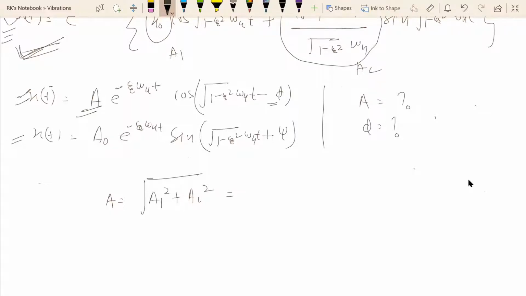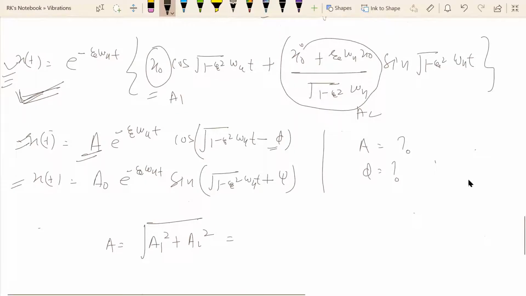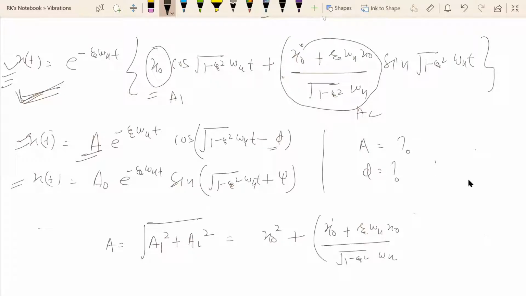As we know, A1 is x naught, so this is x naught squared plus A2, which is x naught dot plus zeta omega n x naught over square root of 1 minus zeta squared multiplied by omega n, squared, and the square root of this whole term.